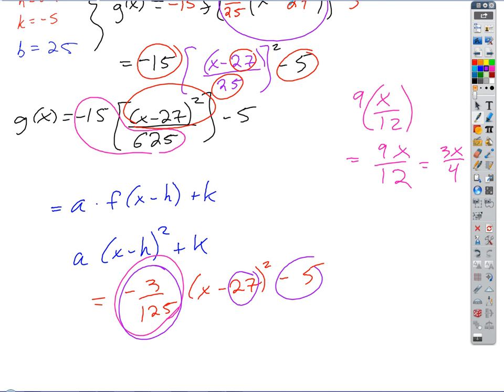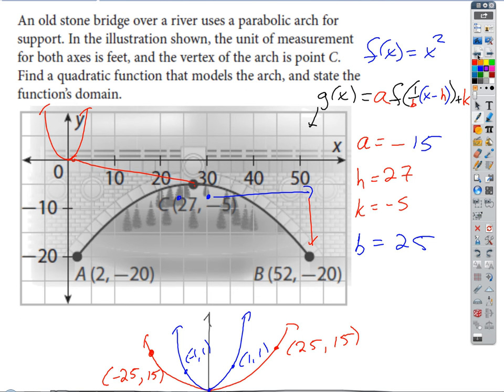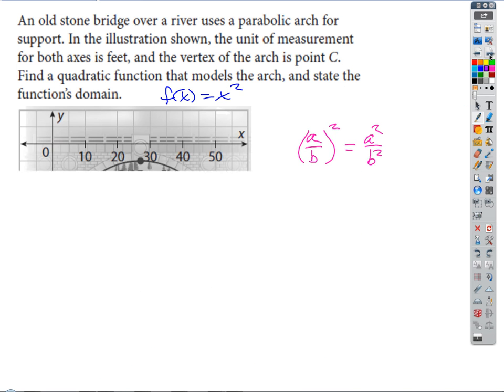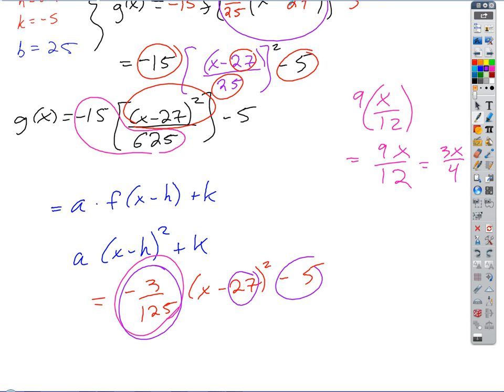So all we would have had to do, instead of our big horizontal stretch and our relatively small vertical stretch, all we would have had to do instead is one vertical compression.